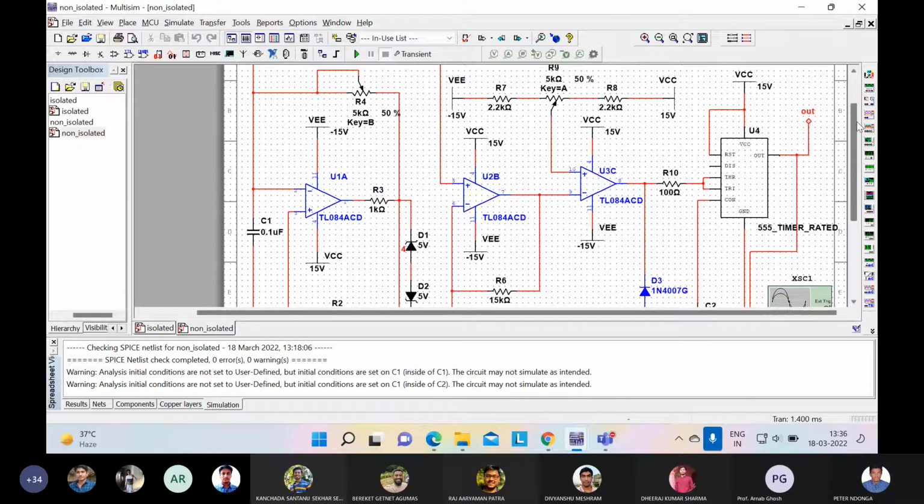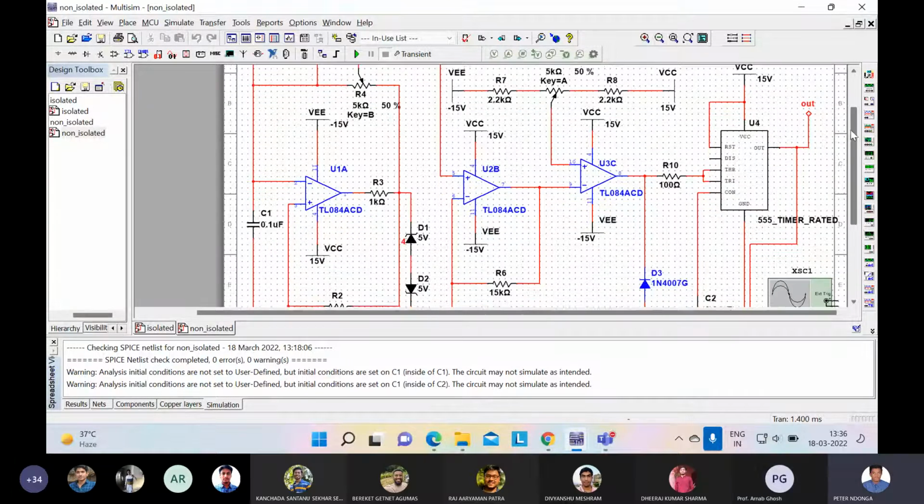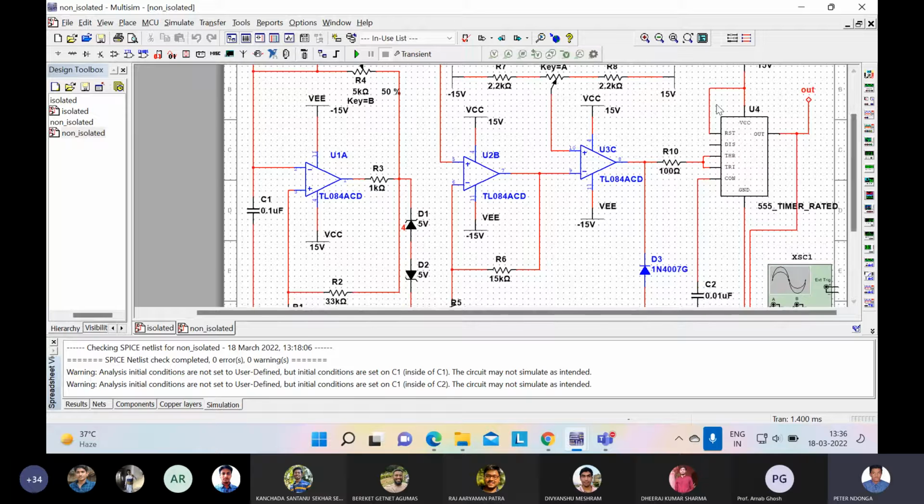We connect the circuit diagram the way it was given in the experiment manual, and we get the output from this block here, sir, the VCC block.